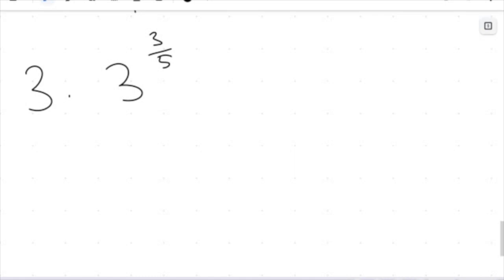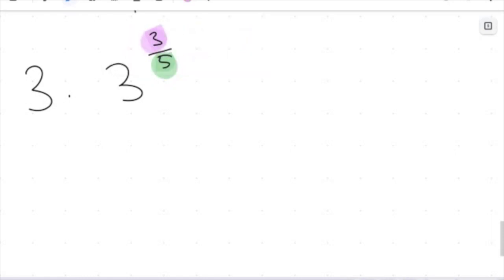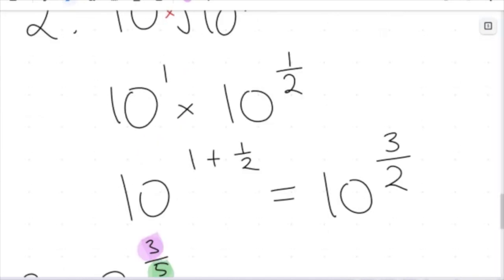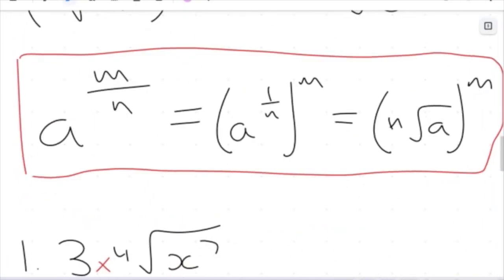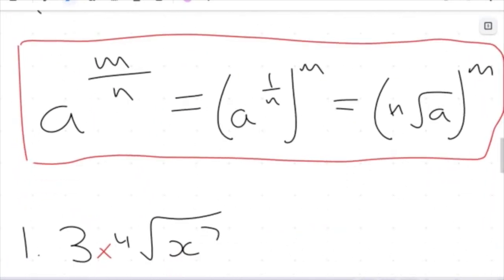I want to write this in surd form. Now, all I need to do is consider the denominator, where that's going to go, and my numerator, and what that's going to represent. And what tells us that is the final index law we came up with.